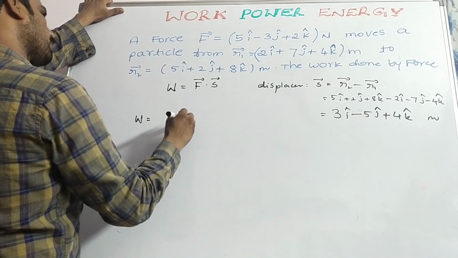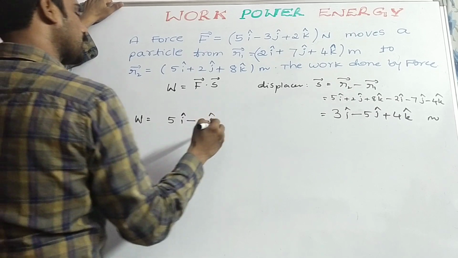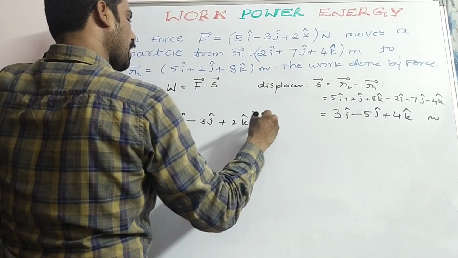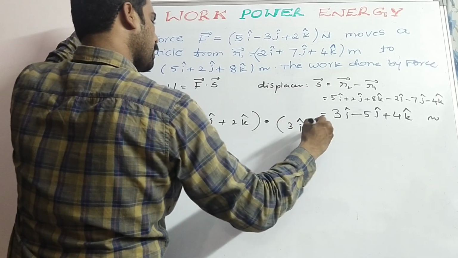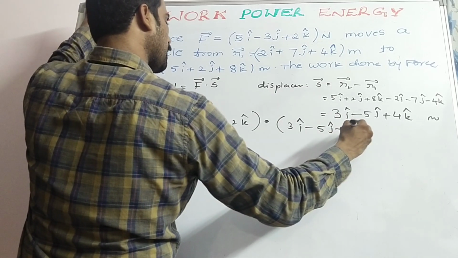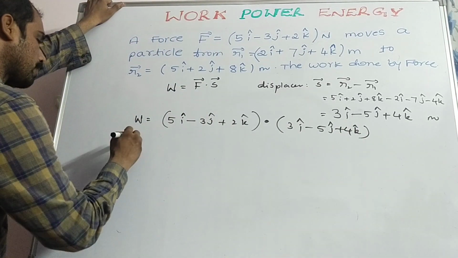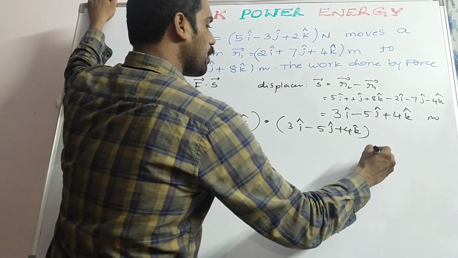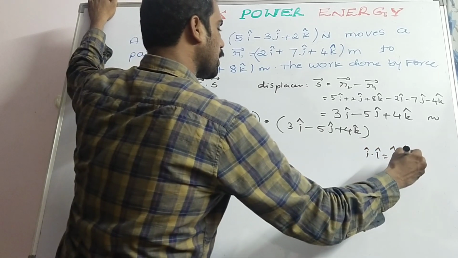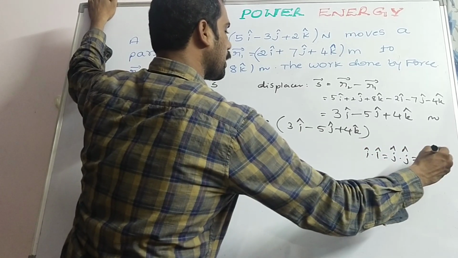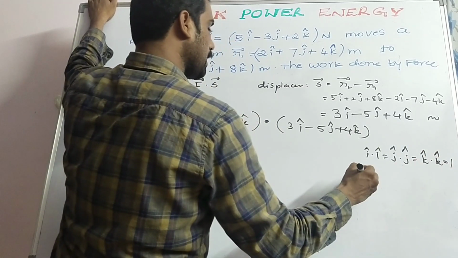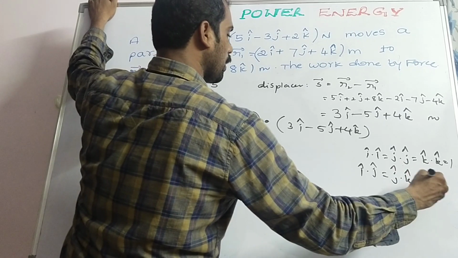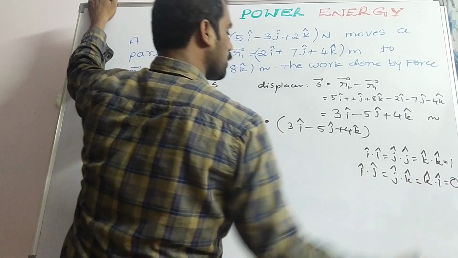Now work done W is equal to, what about F bar? F bar is equal to 5i cap minus 3j cap plus 2k cap dot 3i cap minus 5j cap plus 4k cap. Now we know that i cap dot i cap is equal to j cap dot j cap is equal to k cap dot k cap is equal to 1. But i dot j, j dot k, k dot i is equal to 0.